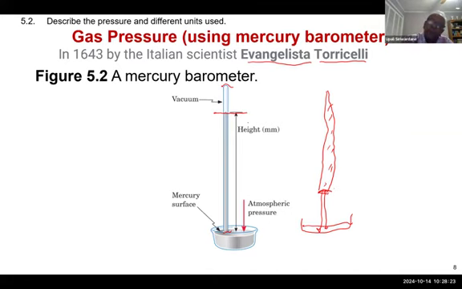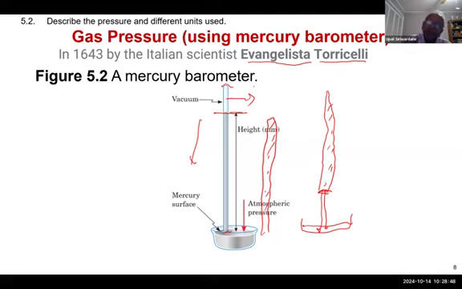But if you push this tube into the mercury, if I push the tube here, the space on the top is called a vacuum, there's nothing in there.